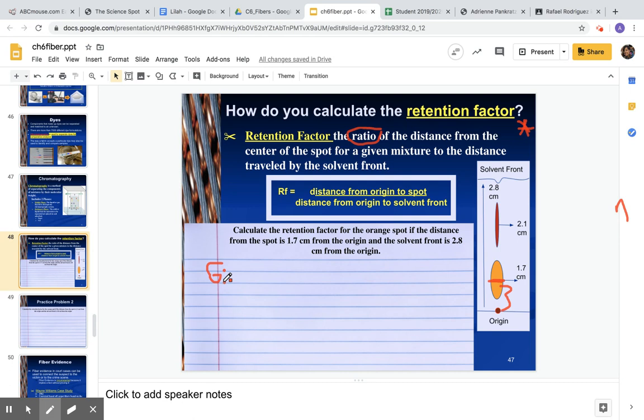And we know our GUESS method is, we're going to need a distance from origin, and I'm just going to put a little arrow here to tell me where this is from. And I'm going to say solvent front, SF. And that distance from SF, from solvent front, is 2.8 centimeters.